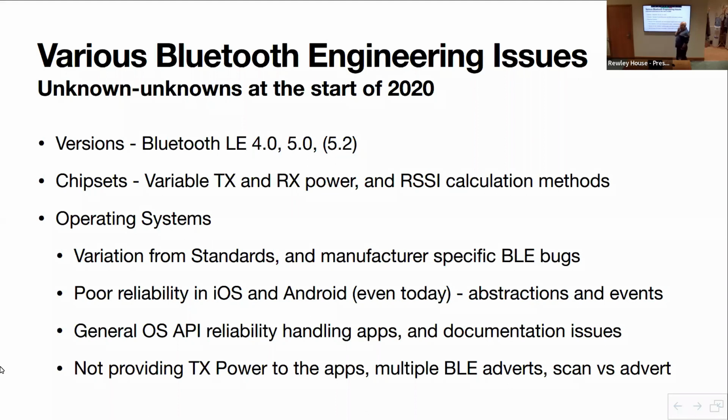But then also we had what were later claimed to be privacy restrictions in the operating systems, where they said we're not going to tell you the transmit power that your phone, that your app's running on, is using. We're just not going to tell you, because you might be able to figure out, 1 meter more accurately, how far that person is. If you're close enough to be within a meter, you can see the person, so it's not really a privacy thing.